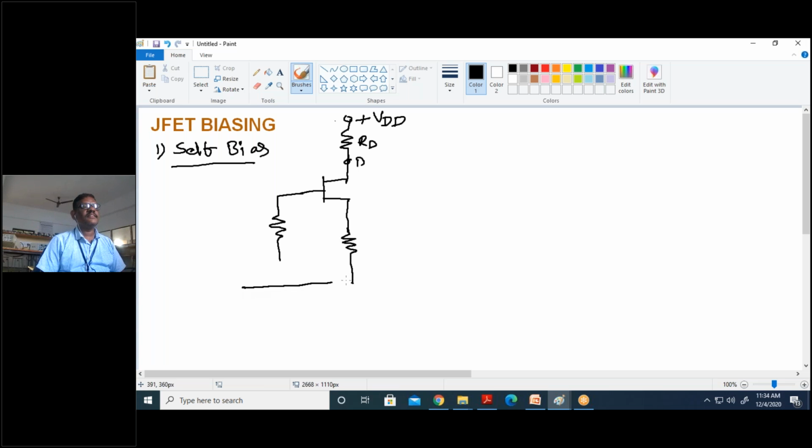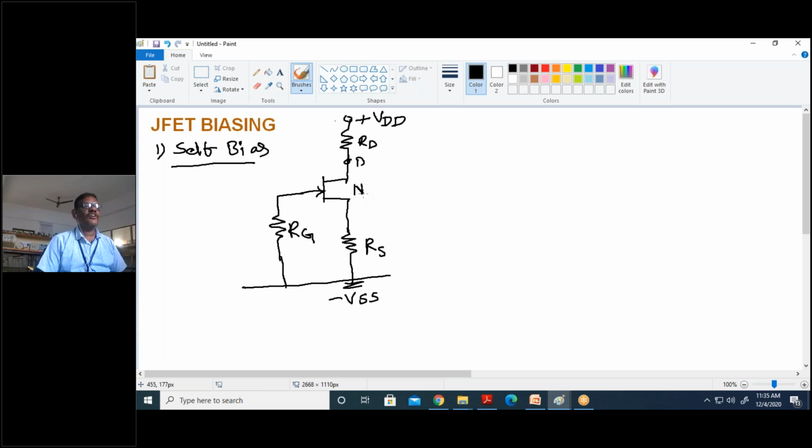That resistor is called RS, source resistance, and the gate resistance is called RG, connected to the ground. This ground is called VSS, negative source. This is an N channel JFET, arrow mark inside.